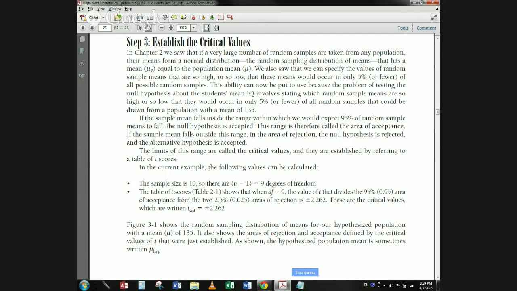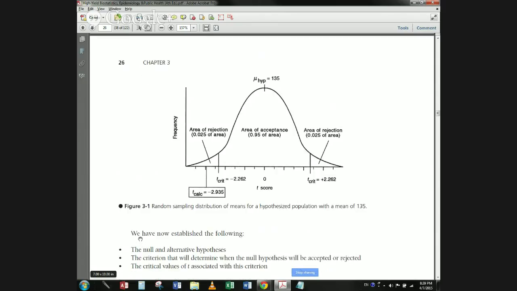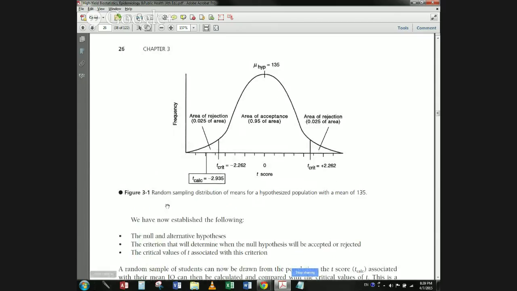Figure 3.1 shows the random sampling distribution of means for our hypothesized population with a mean of 135. It also shows the areas of rejection and acceptance defined by the critical values of t that were just established. As shown, the hypothesized population mean is sometimes written mu with a subscript of hypo. Here's Figure 3.1, showing the random sampling distribution of means for a hypothesized population with a mean of 135.